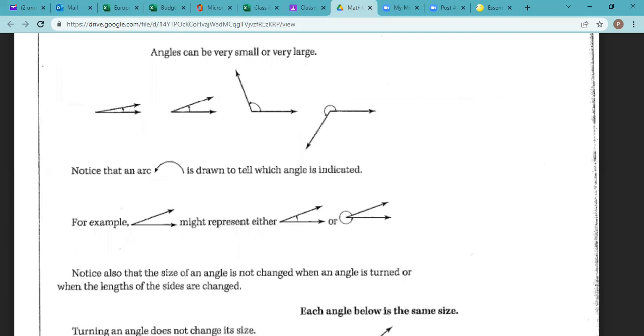All right, so as you see in this picture right here, see that little arrow on the inside of that angle? That is a very small angle. That means wherever that little arrow with the curved arrow is, is where it's defining the amount of degree for that angle.